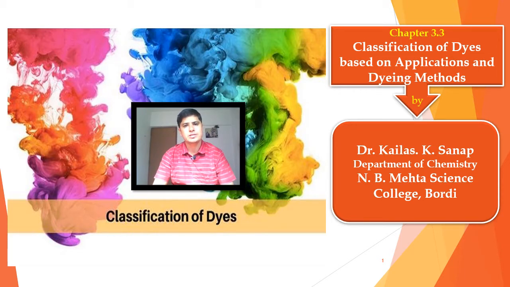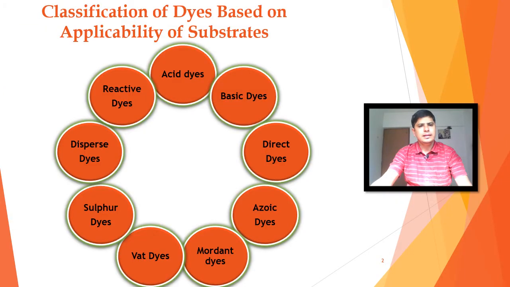Classification of dyes based on application and dyeing methods. Let's see the classification of dyes based on applicability of substrate. How are dyes classified based on their applicability of substrate?